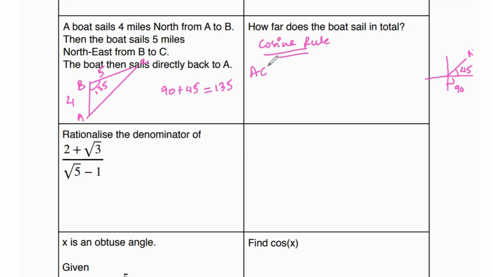So AC squared equals 4 squared plus 5 squared minus 2 times 4 times 5 times cos of 135. That's going to give us 16 plus 25 minus 40 cos of 135. So we'll find the value of 40 cos 135 first, 28.28.